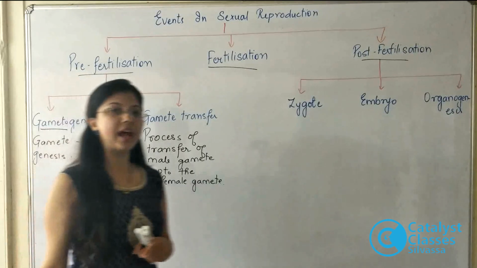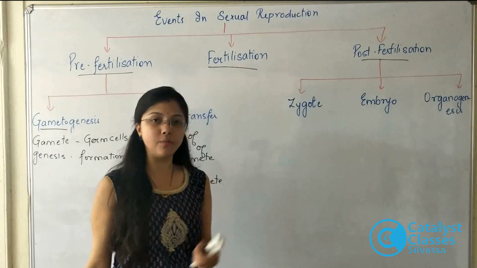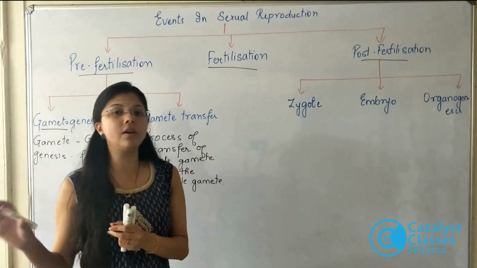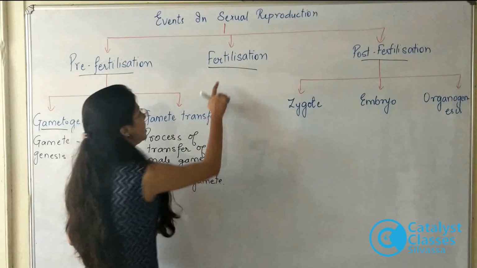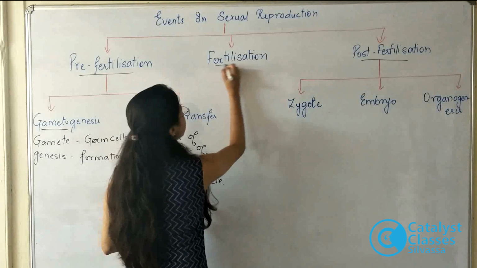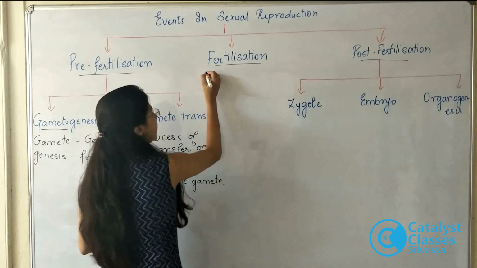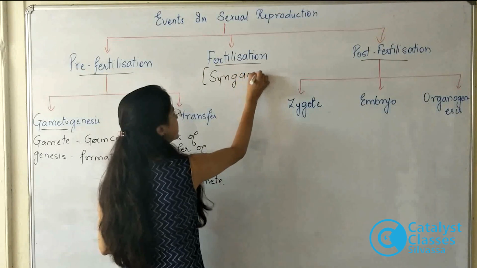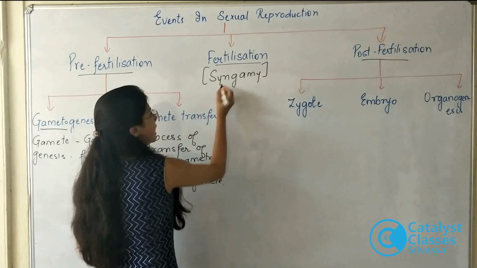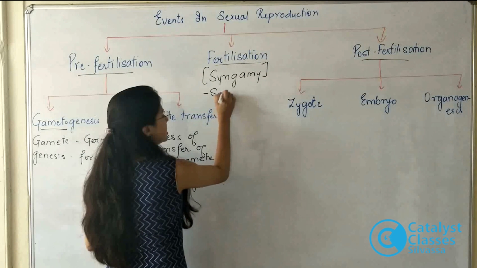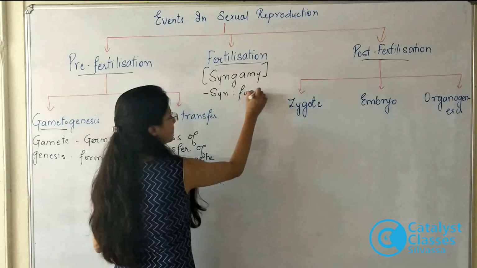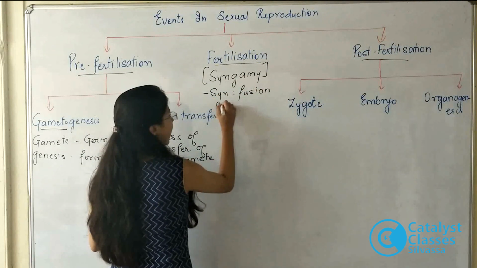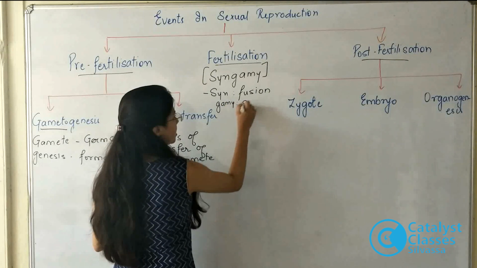Now, once the male gamete has been transferred into the female body or it has reached up to the gamete of the female, the next process that is going to take place is called fertilization. Another term that can be used for fertilization is syngamy. Here, syn means fusion and gamy means gametes.